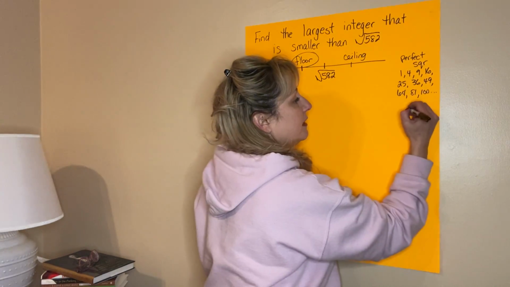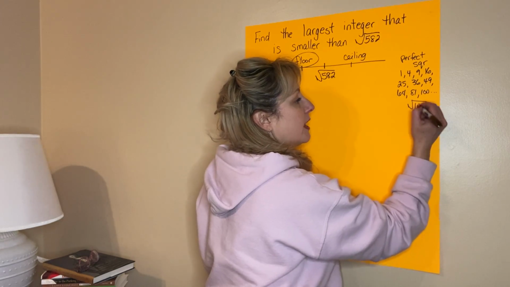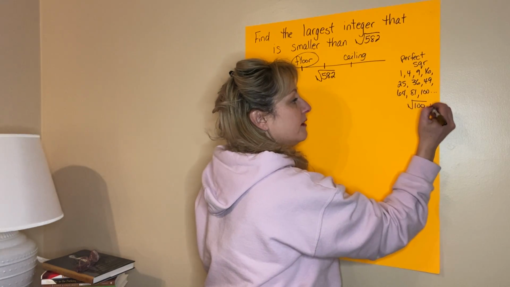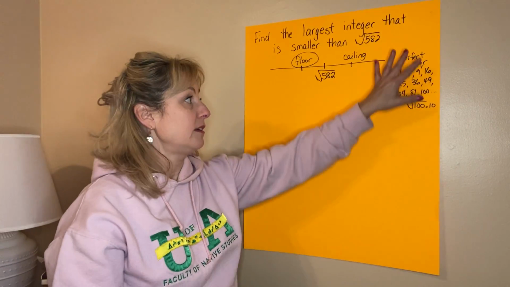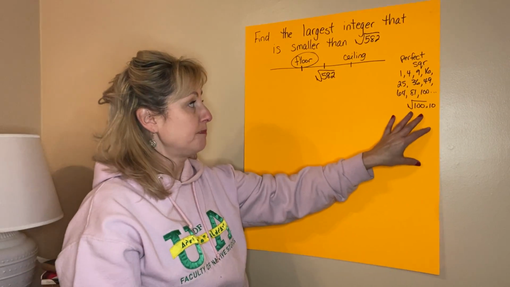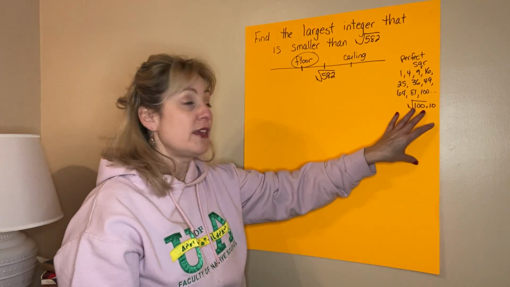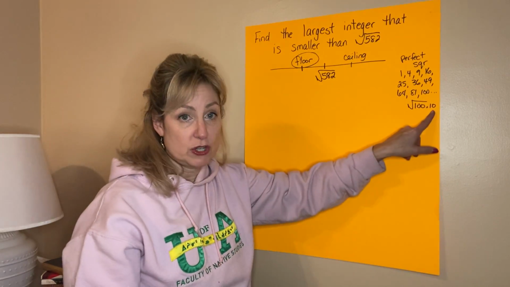So basically, the square root of 100 equals 10. I know just by looking at my little list here that this number is going to be quite a bit larger than 10.